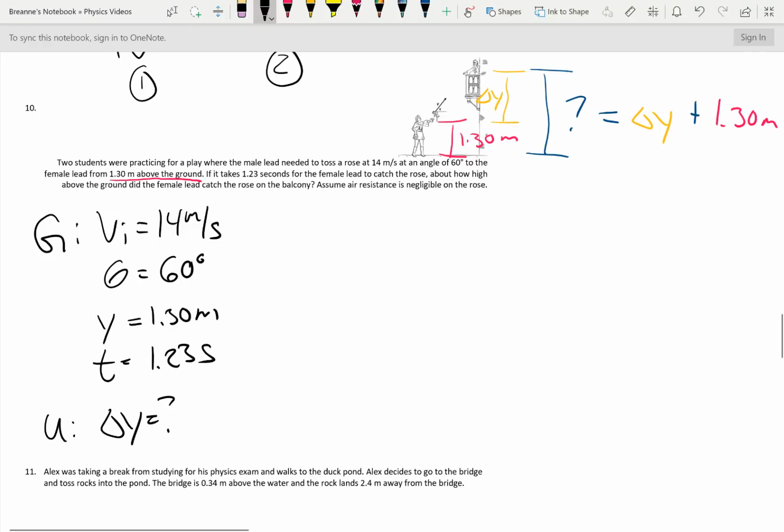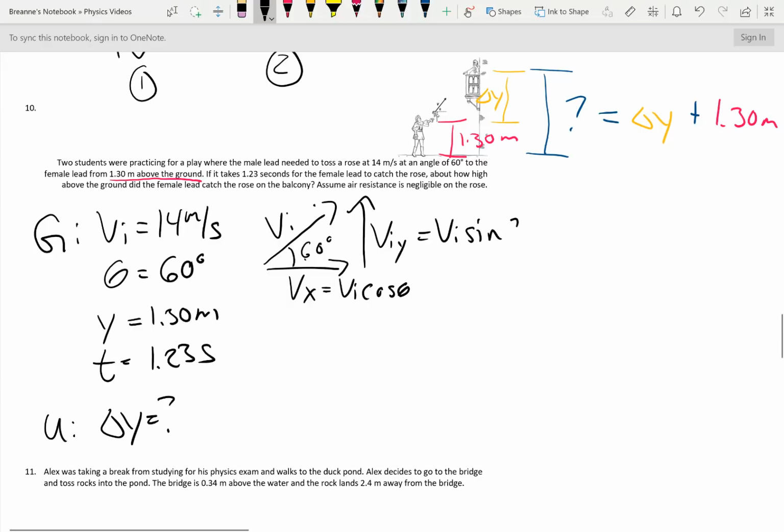You see a velocity at an angle, you should automatically draw your triangle. So 60 degrees, initial velocity, velocity x, initial velocity in the y. So this becomes initial velocity cosine angle, initial velocity sine angle. So initial velocity is 14 cosine of 60.